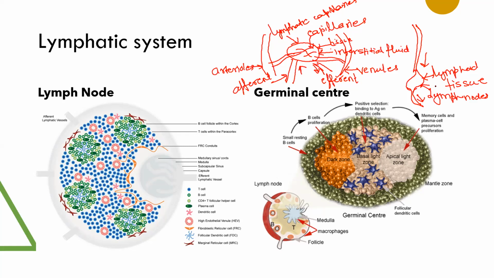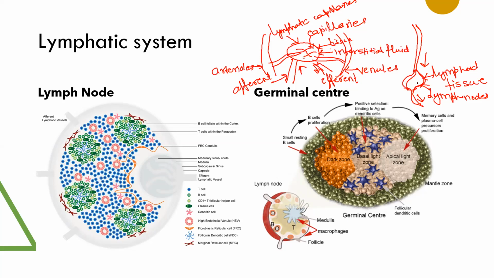All we need to know is how this lymphatic system is helping the immune system come in contact with the pathogen. We saw that it happens mostly in the tissues where the antigens and the blood cells come in direct contact with each other, particularly in the lymph nodes, because in the lymph nodes there is a lot of capillarization.